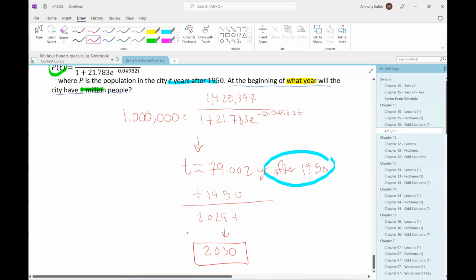Why do I have to round it up? Yeah, at the beginning of 2029, your population will be less than 1 million because I still have a little bit of decimal on that 79. So I have to round it up to the next full year. You guys see why I rounded it all the way up, even though your standard rules of rounding would tell you to round down there. The context of the question was really being quite specific, so I had to make sure I rounded up there.